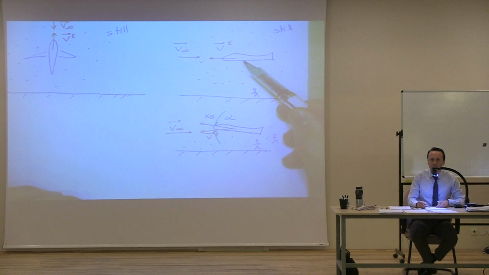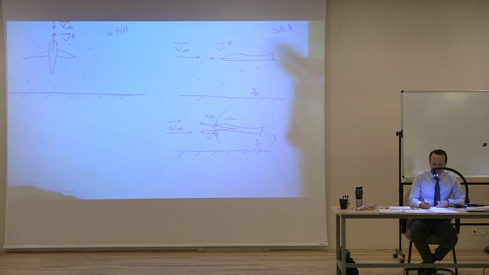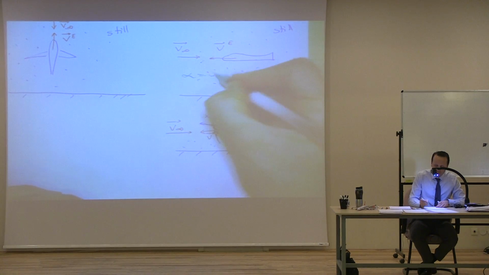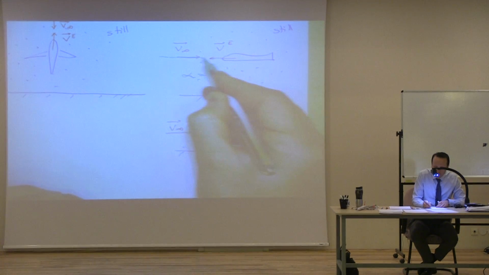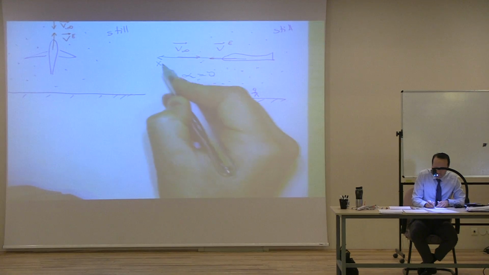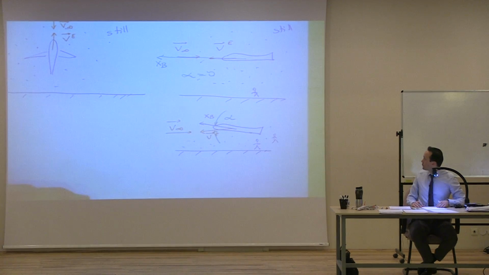What's the angle of attack for this airplane? Angle of attack for this one is equal to 0 if this is exactly x body. Here x body is in this direction, therefore you have an alpha. Is that good? Understand? Okay.